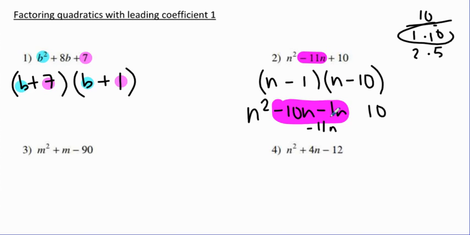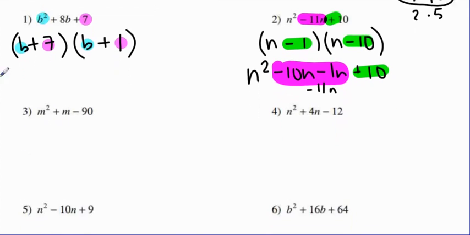Also, I have a positive 10 at the end, and a negative 1 times a negative 10 gives me a positive 10. A negative times a negative gives me a positive. So those definitely take more brain power than the last lesson we did. Even the last problem we did was with our positive terms, but totally doable. It just takes a lot of practice.